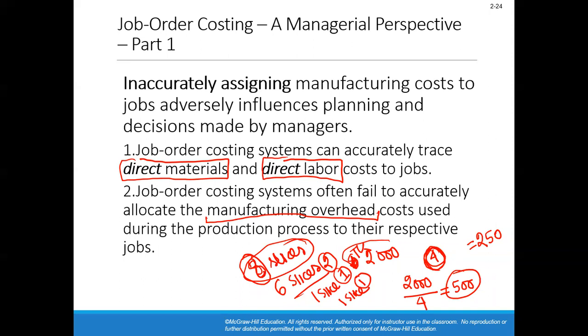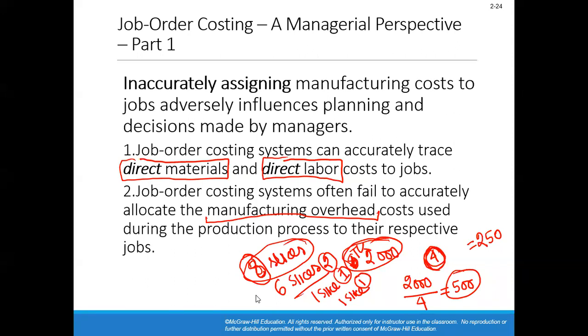Now you see, which is actually driving the cost of the pizza? The slices you are consuming or the number of chairs on which you are sitting? The slices that we are consuming. So which should be the allocation base? Number of slices.